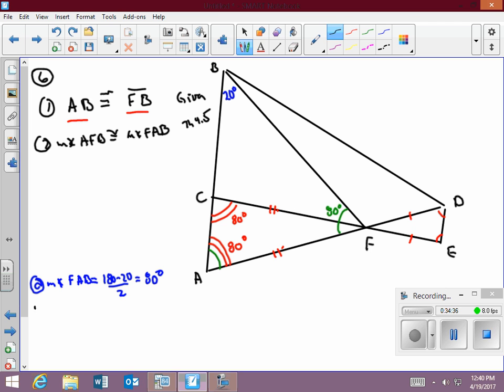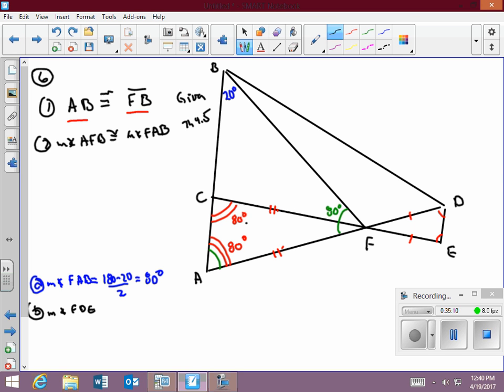So B is asking for angle FDE, the measure of FDE. This is what we can do.